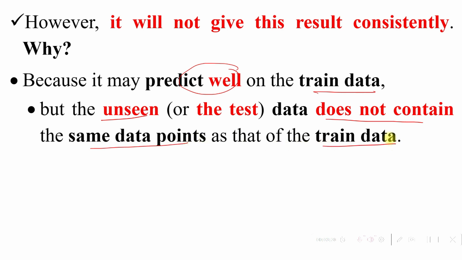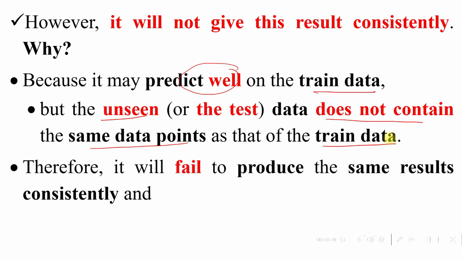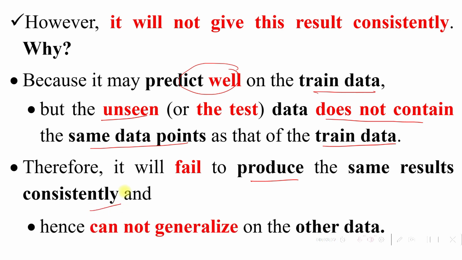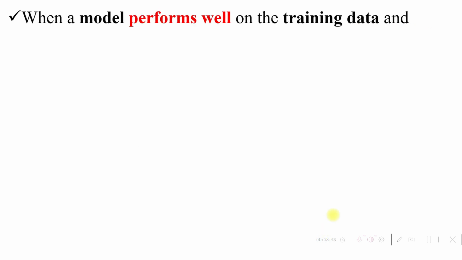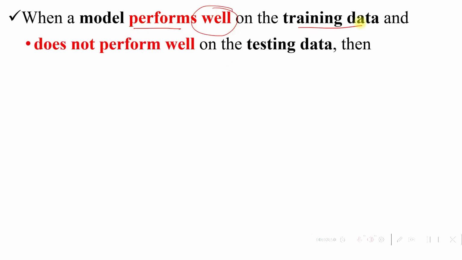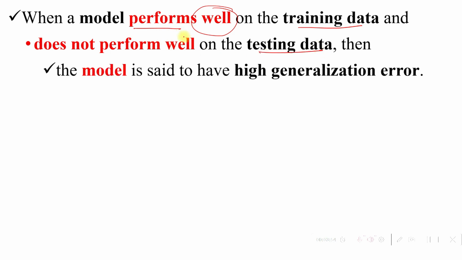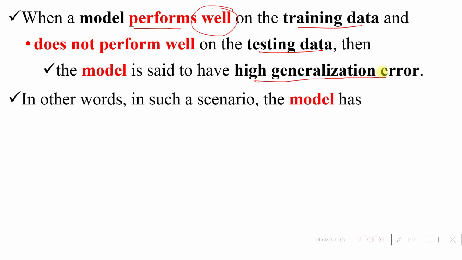Therefore, it will fail to produce the same result consistently, and hence it cannot generalize to other data sets. So when a model performs well on the training data and does not perform well on the testing data, the model is said to have high generalization error. Simply, it is called overfitting.